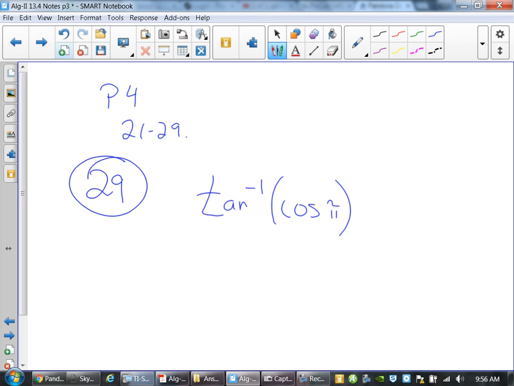This says, what angle has the tangent of cosine of pi? Well, work inside out. What's the cosine of pi? Negative 1. Very good.